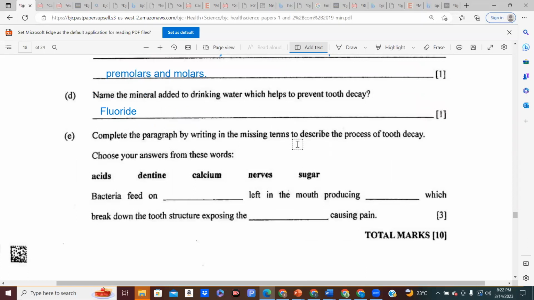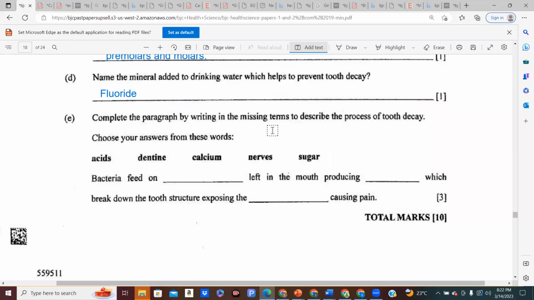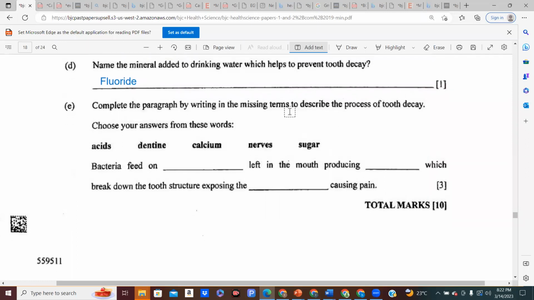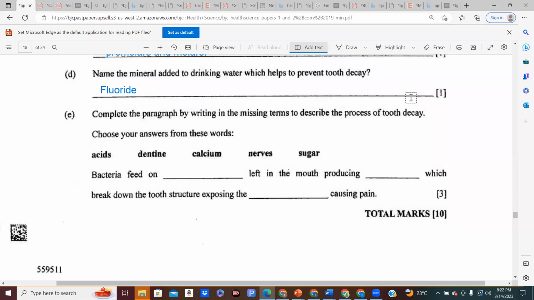Okay. So let's complete the diagram by writing the missing terms to describe the process of tooth decay. It says bacteria feed on blank left in the mouth, producing blank, which break down the tooth structure, exposing the blank, causing pain. So bacteria feed on what? Sugar.